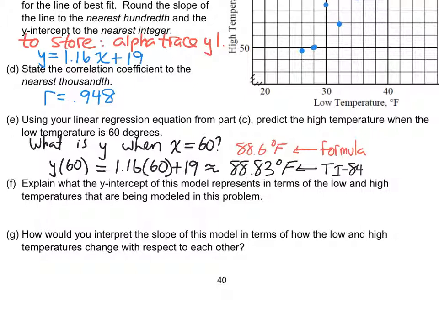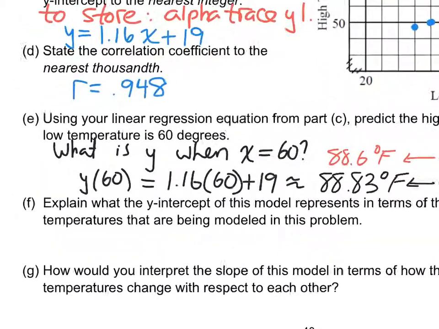So F and G are asking us to make interpretations. Explain what the y-intercept of the model represents in terms of the low and high temperatures that are being modeled in this problem. Now, the y-intercept would happen when x is equal to what? 0, right?